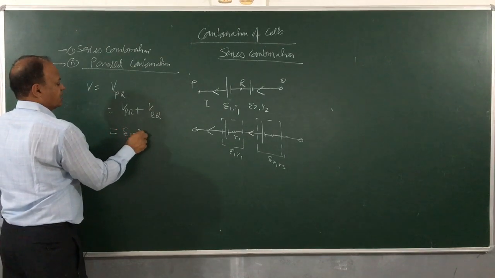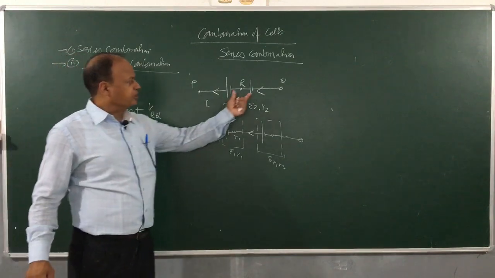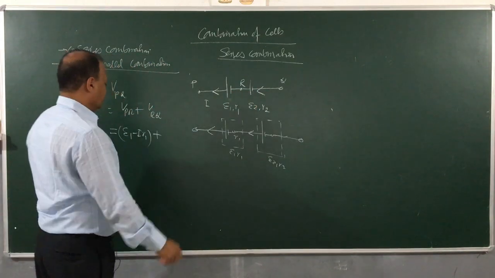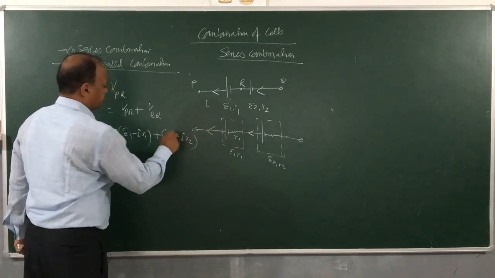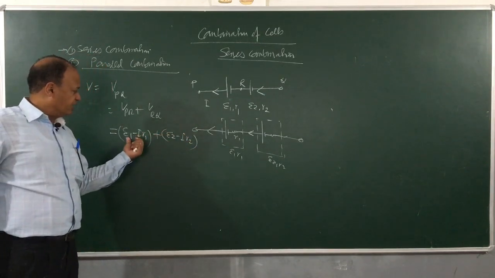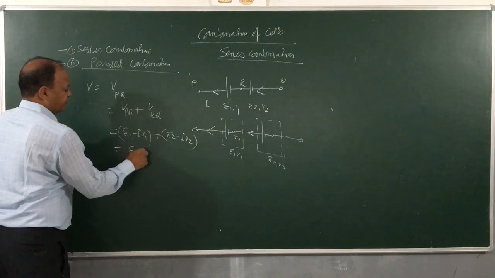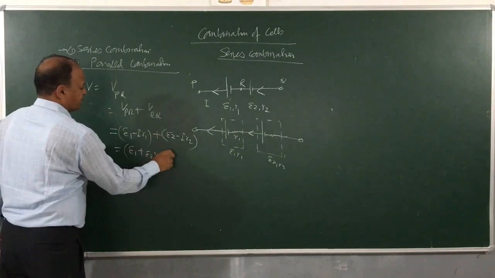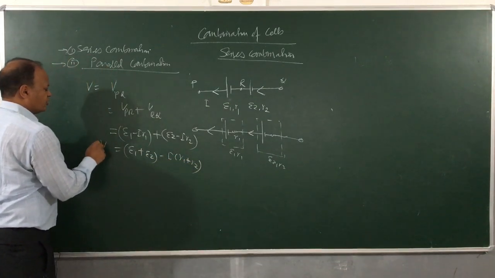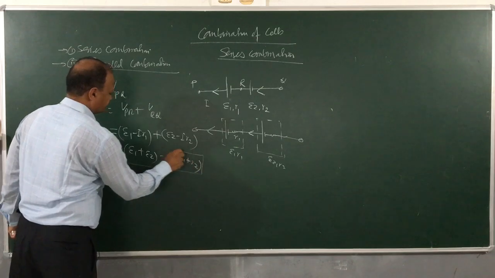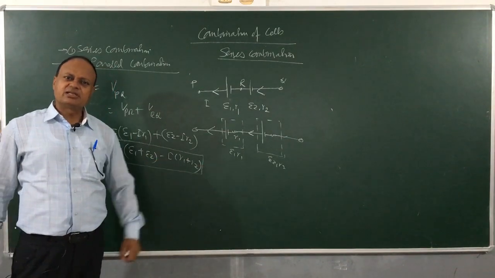E1 minus IR1. Similarly, what will be the potential difference across the second cell? That will be E2 minus IR2. Now we put E1 and E2 together, then what do we get? E1 plus E2 minus I into R1 plus R2. So children, V is equal to E1 plus E2 minus I into R1 plus R2.